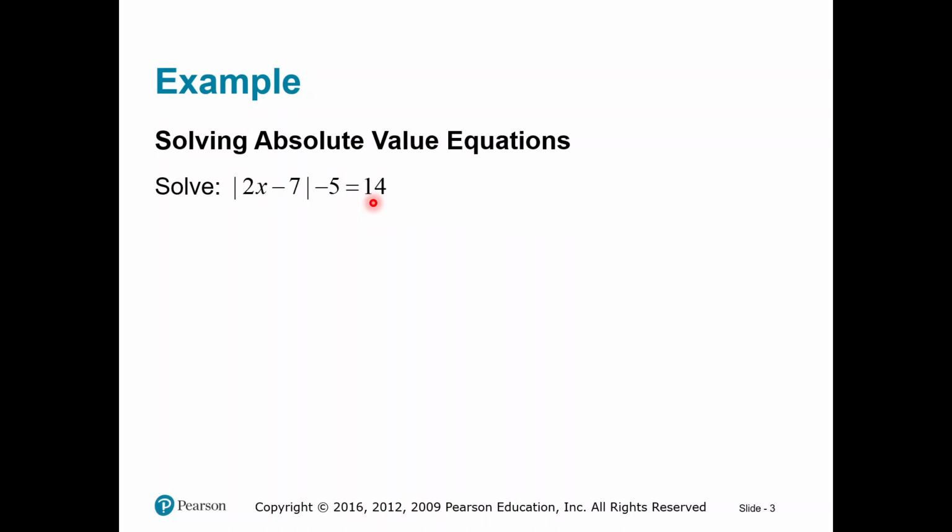First, let's get rid of the negative 5 by adding 5. And so 5 plus 14 is 19. Negative 5 plus 5 is 0. Now, the way to solve the absolute value equation is by splitting into two equations.